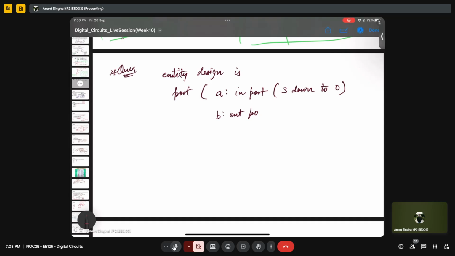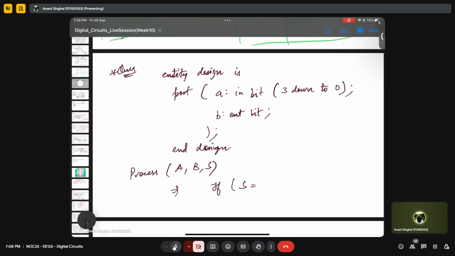Now in the process, I'm using something called ABS. And in this, I'm saying that if S is double equals to 0, 0, then assign B should be equals to A0.